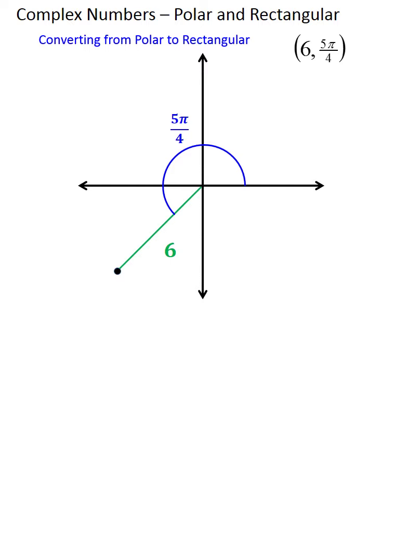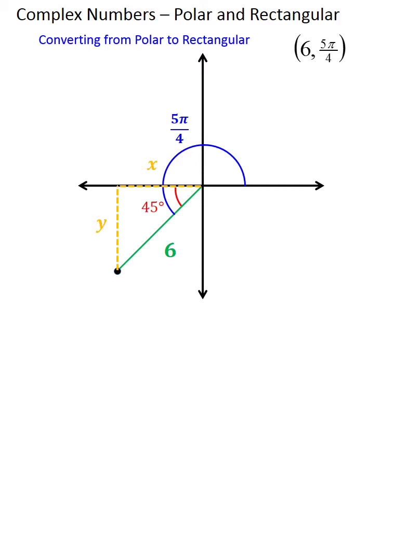So now we know where this complex number is, but in order to convert it to rectangular form, we're going to need to know the x and y coordinates. One way to go about this is to realize that this is a 45-degree angle based on our knowledge of basic trigonometry.